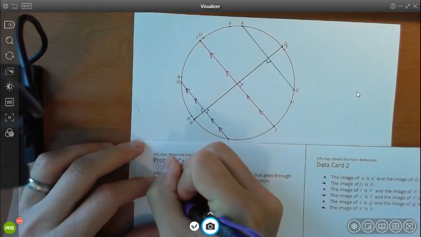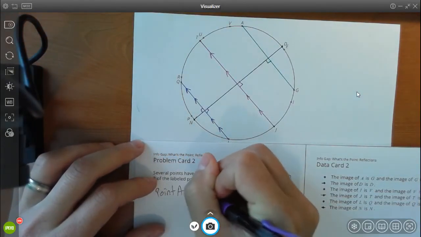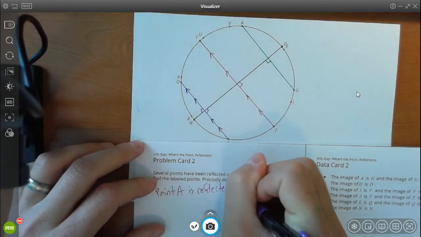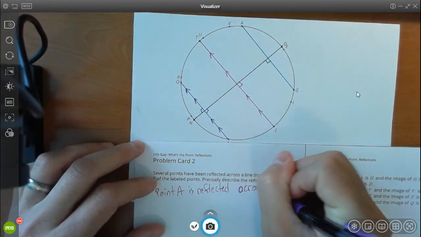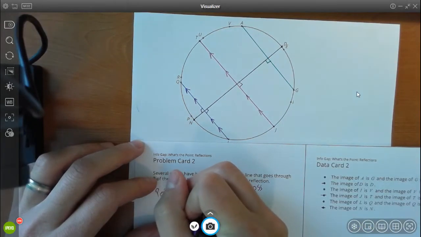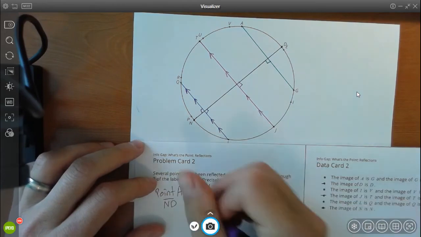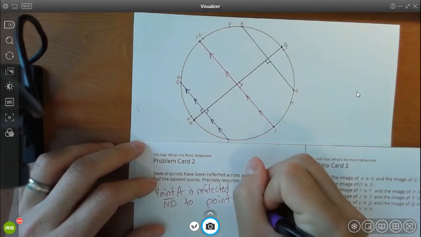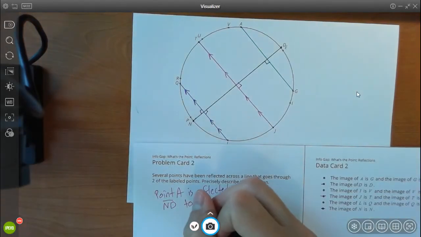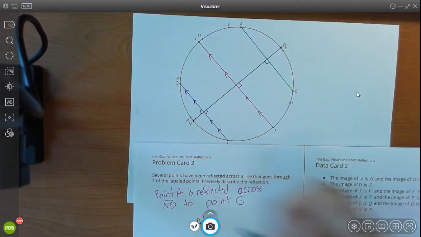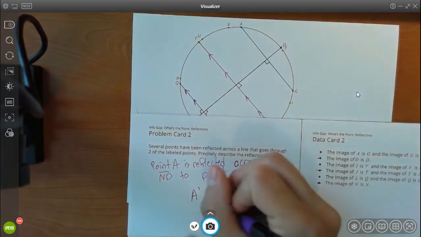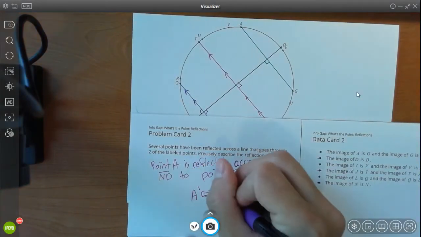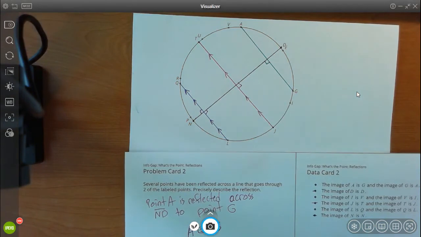So we could say point A is reflected across line segment ND to point G. And we could say that A prime after that reflection would be the same exact thing as point G. So that covers part 2 of this problem, where we're looking at trying to get some more information about reflections.